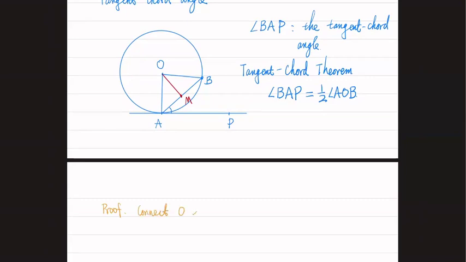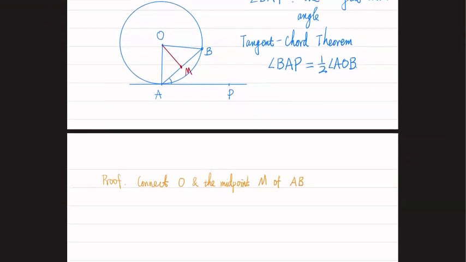Connect O and the midpoint M of AB. Okay, I claim the two triangles OAM and OBM are congruent.